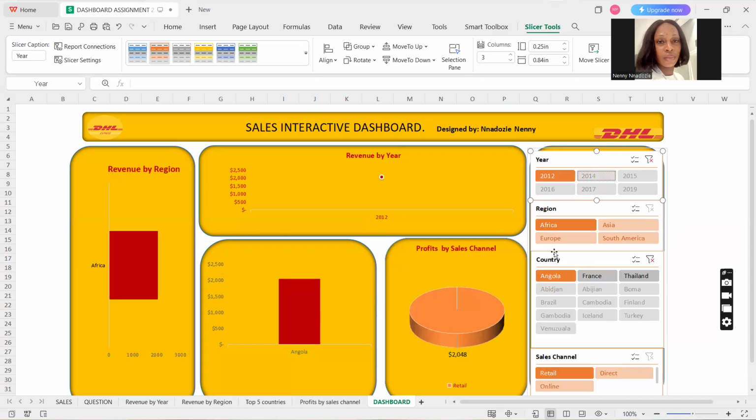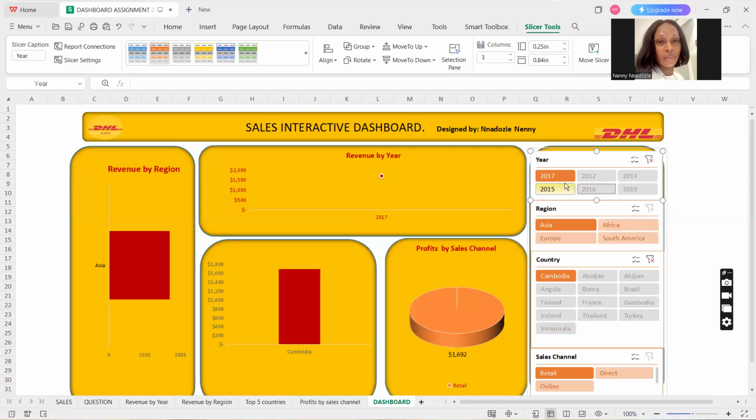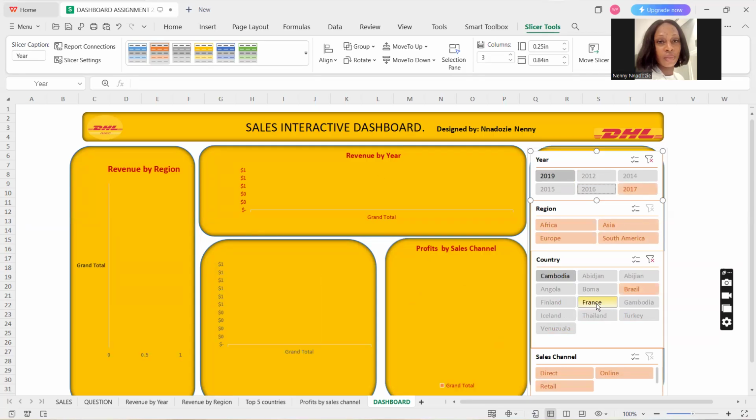Angola made sales in 2012. Then in 2017, Angola did not make any sales, but Cambodia made sales in 2017. Then Brazil, none. France did not make any sales in 2017. Turkey did not make any sales in 2017.